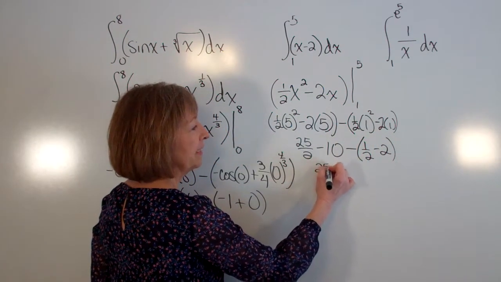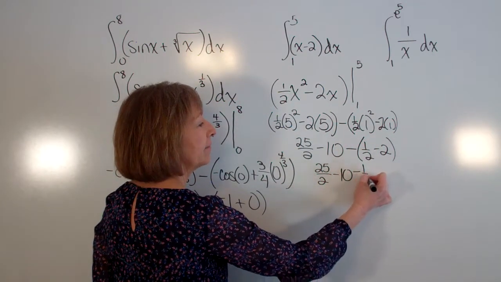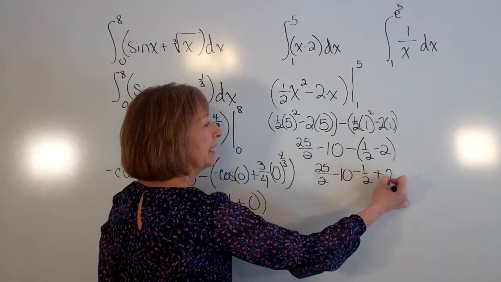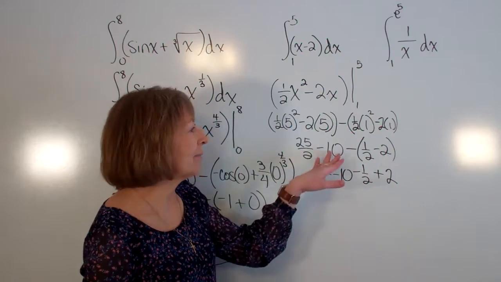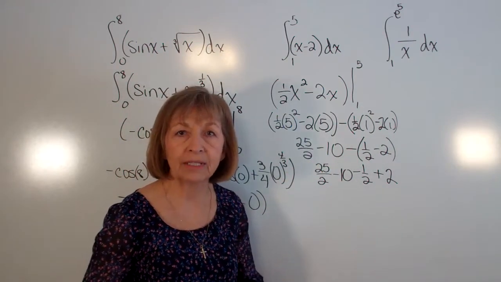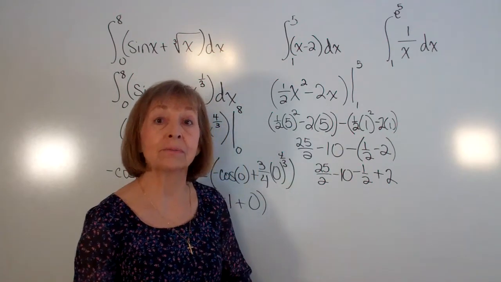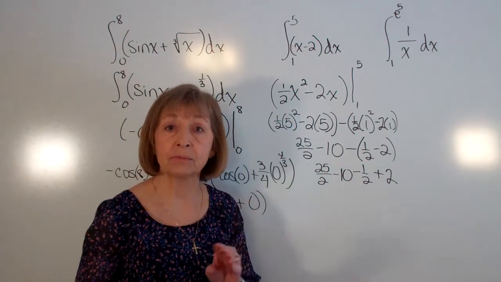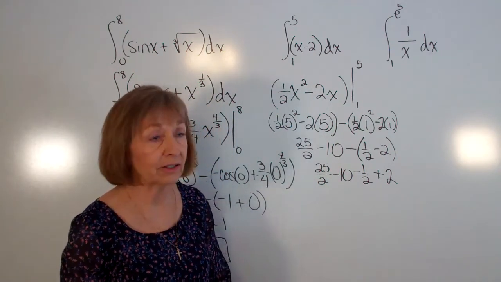I have 25 halves minus 10 minus 1/2 and then plus 2. And I like to do this instead of getting common denominators out of the whole thing, because sometimes some of the fractions actually will combine and the simplification is an integer value, and it makes the calculation easier.